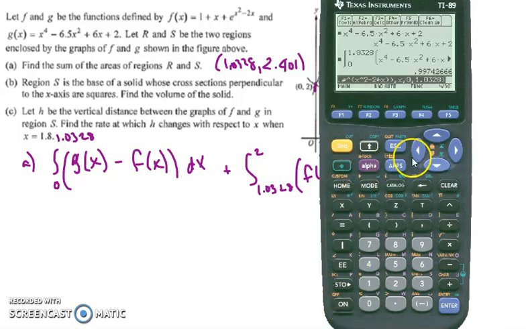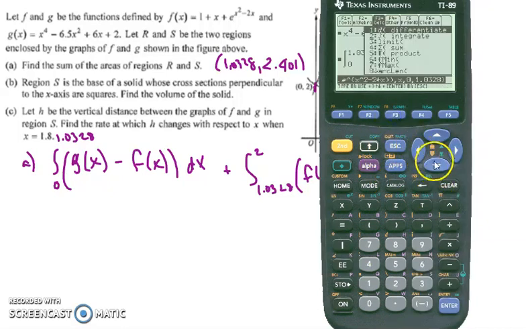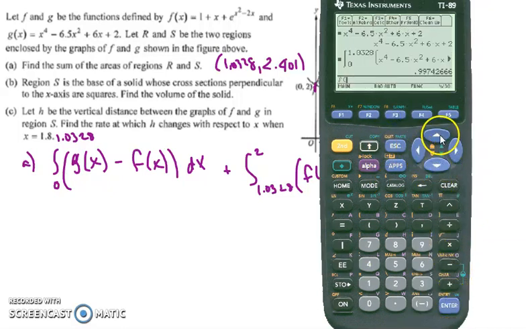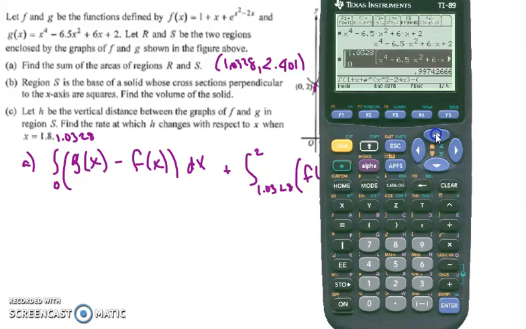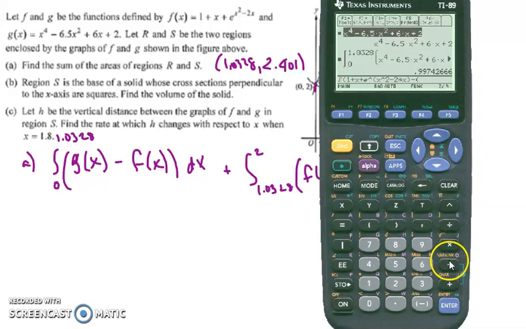Okay, now the area of S we have to integrate again, and this time we're going to integrate the top minus bottom, which is the f curve minus the g curve, and don't forget to put the whole g curve in parentheses, so you distribute that negative, comma x, comma 1.0328, comma 2 for the upper limit of integration.